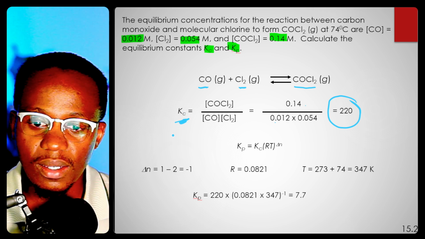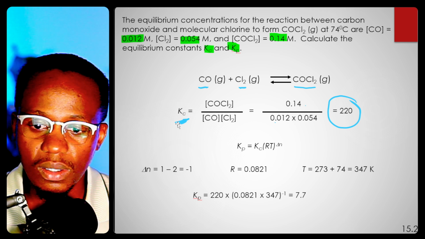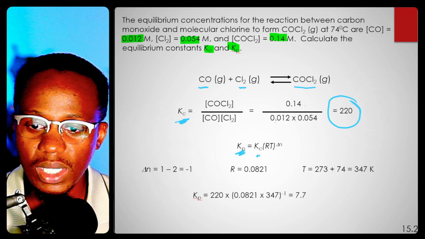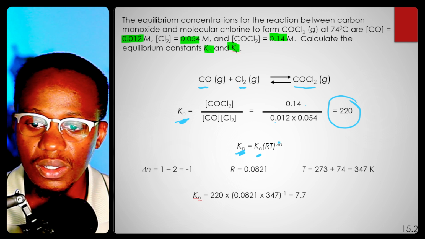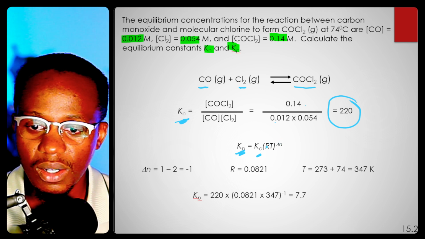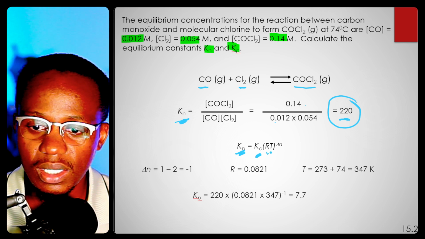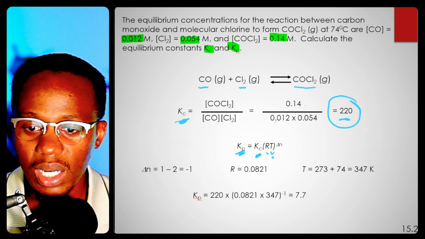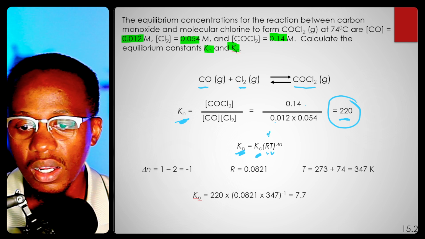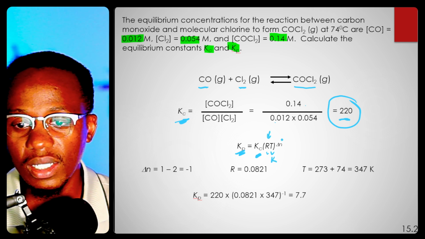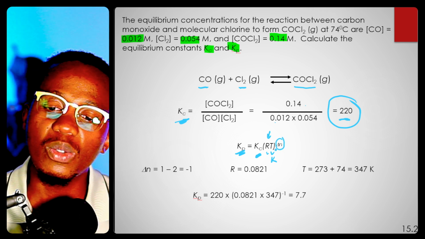And then here, the next thing is like, okay, what's Kp? Kp is equal to Kc times RT to the delta n, right? Remember Kc, we already found it here. R is a constant, T is the temperature that they gave us. You just gotta make sure when you have R, T is in Kelvin. And delta n is the difference between the numbers of gases.